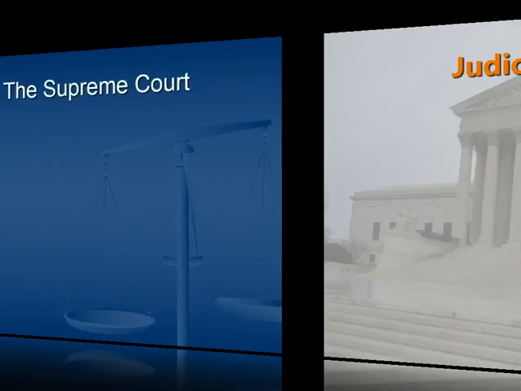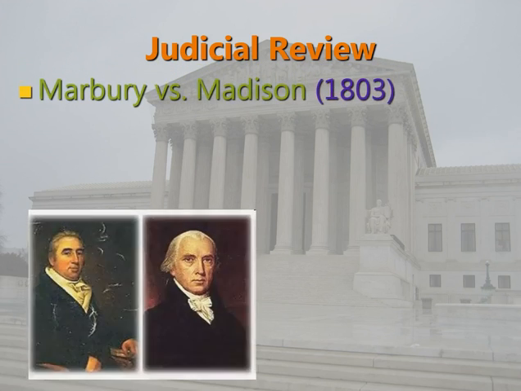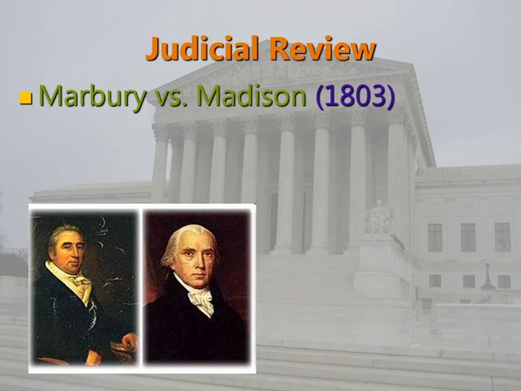So the Supreme Court itself. The Supreme Court has one very, very, very important power, and that is the power of judicial review. So where did the court get this power from? Well, if you said the Constitution, you are incorrect. Basically, the court gave themselves the right to judicial review in the case Marbury versus Madison. You don't need to know the details of the case.